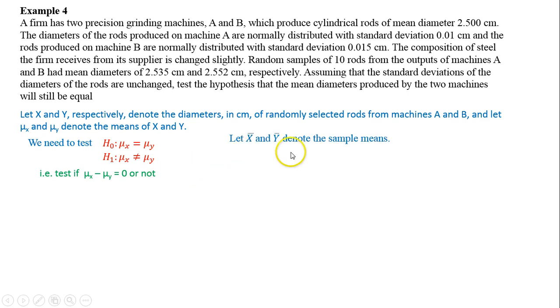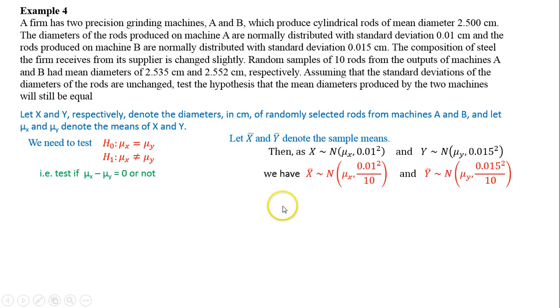So let x bar and y bar denote the sample means. Then, as x is distributed normally and y is distributed normally, x bar will be distributed normally with a variance of 0.01 squared over 10, and y bar will be distributed normally with a variance of 0.015 squared over 10.